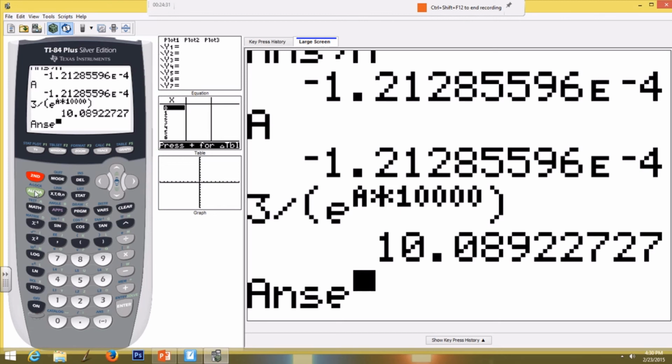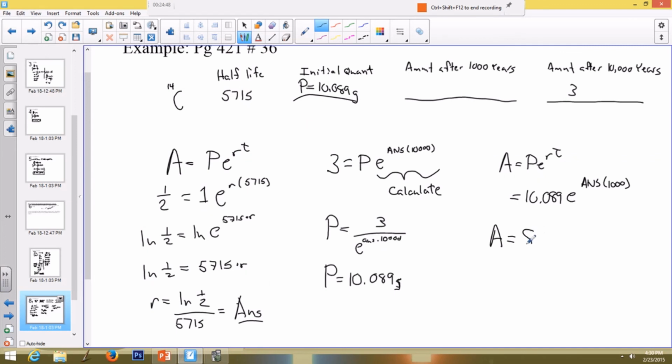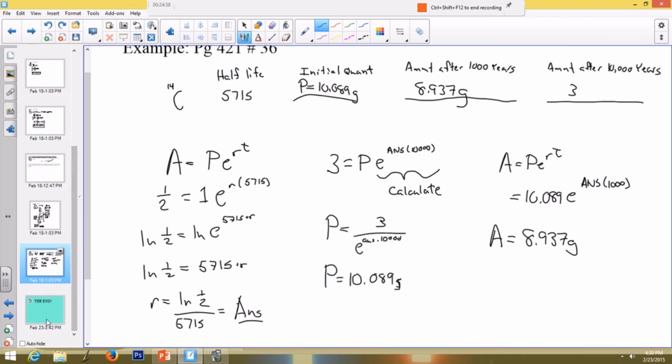So not second, we just want alpha A times, now not 10,000 years, but 1,000 years. I hit enter, and so after 1,000 years, we've got 8.937 grams. All right, and that brings me to the end.